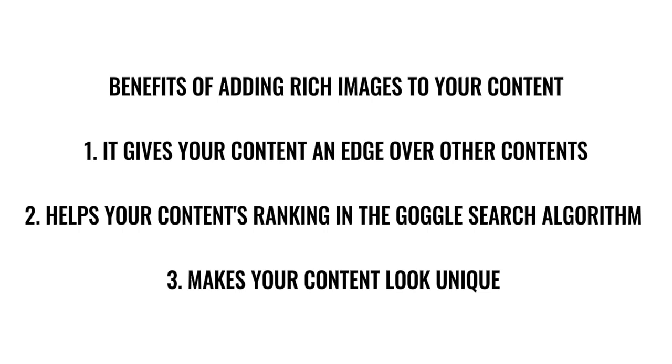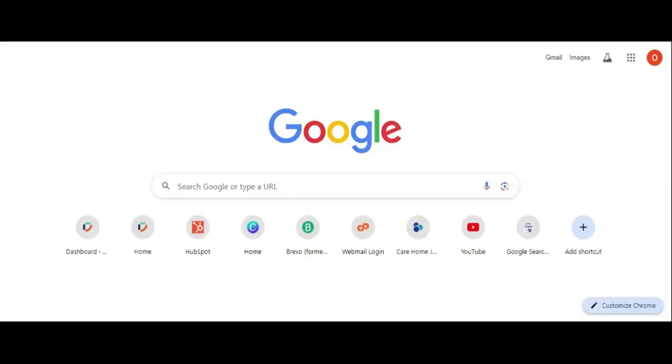Aside from that, it also enables your content to rank, specifically for the fact that it has those rich images on them. Honestly, it gives your content room to rank higher in the Google search algorithm and all of that.